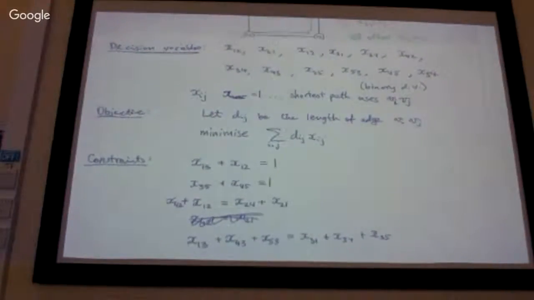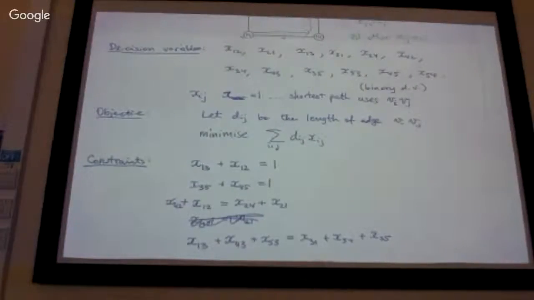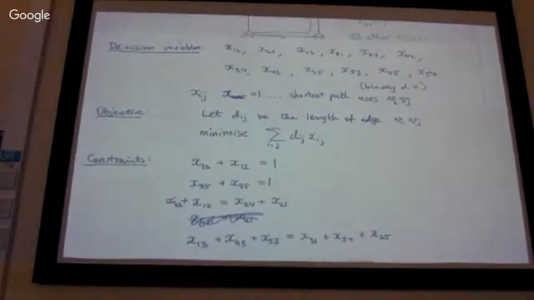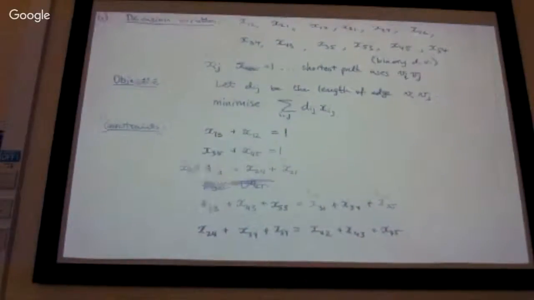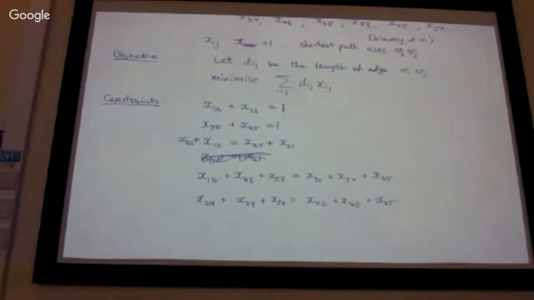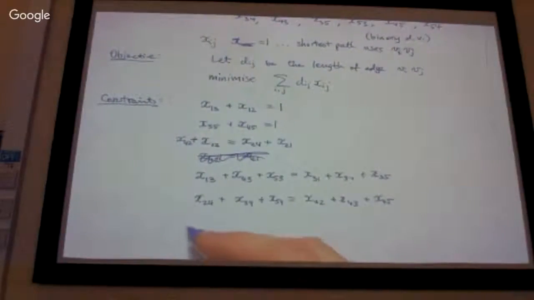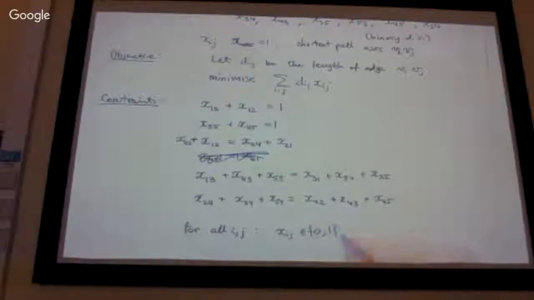And finally for 4, and I want all these decision values to be binary.